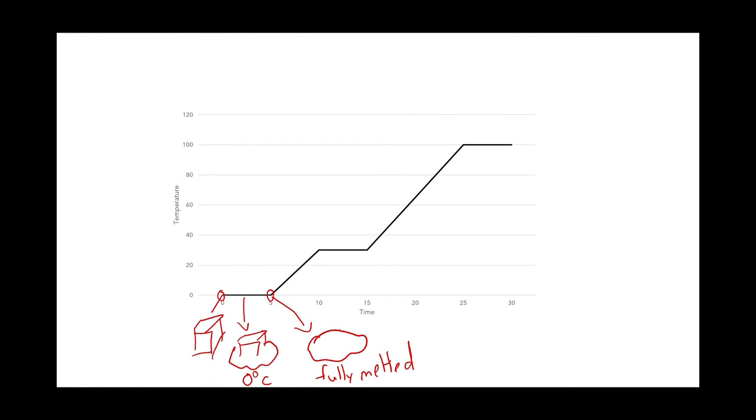When it's fully melted, the temperature will then rise. So what you can conclude is this: from here to here, the 0 to 5 minute mark is mostly solid state, ice. Of course, it is partially melted, so it also includes a bit of liquid as well. Then obviously the temperature rises.